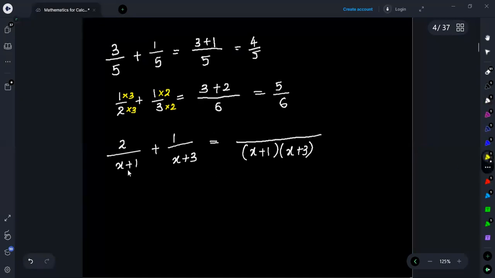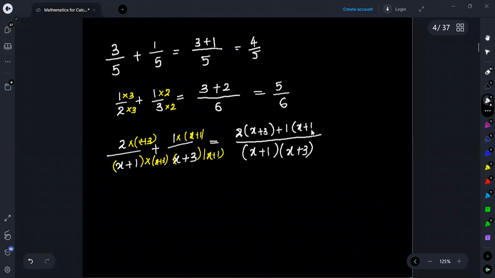To convert the first denominator into the common denominator, we multiply it by x plus 3, so we need to multiply the numerator also by x plus 3. And here we multiply by x plus 1, so we multiply the numerator also by x plus 1. So we obtain our numerator as 2 times x plus 3 plus 1 times x plus 1.